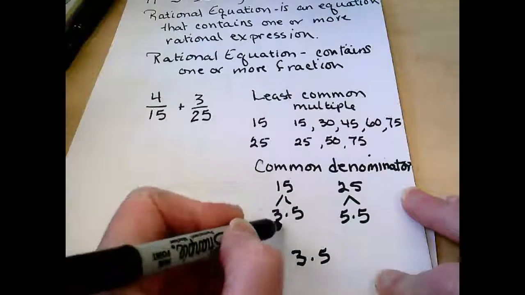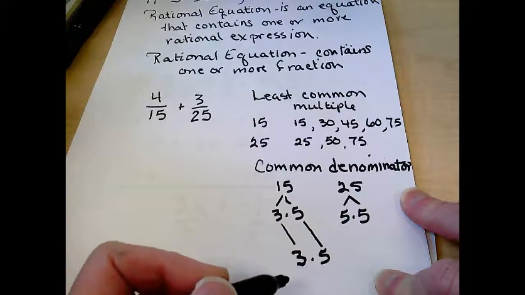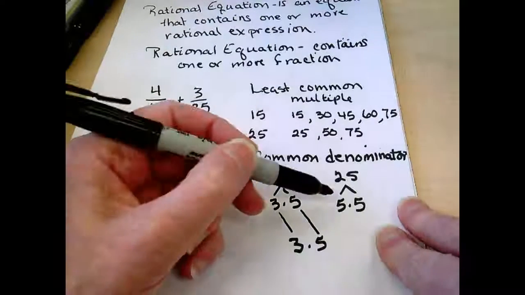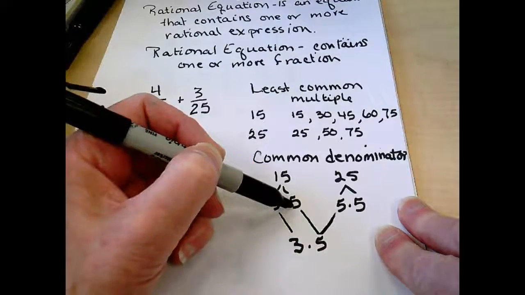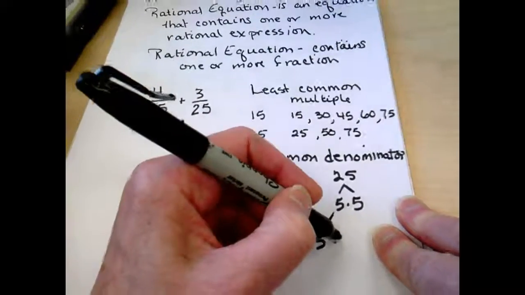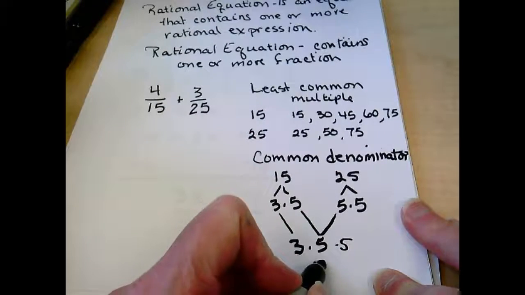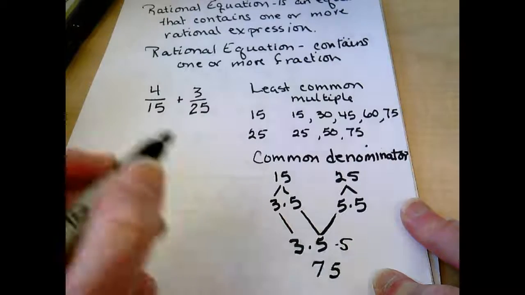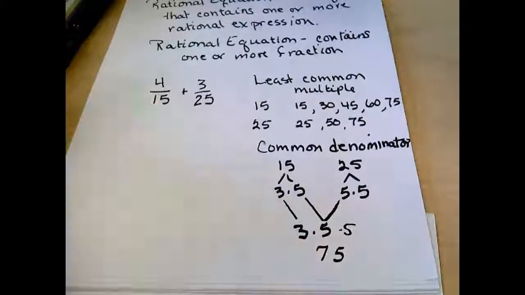We always start by writing down my first term's factors, the 3 and the 5, and then I want to write down anything that is different. So 5 I already have, but this extra 5 I need. So I write it down. 3 times 25, again, is your 75, and that is my common denominator of those two numbers.